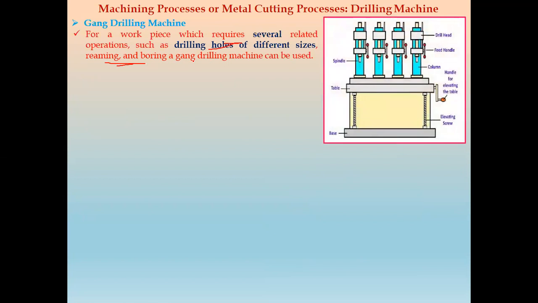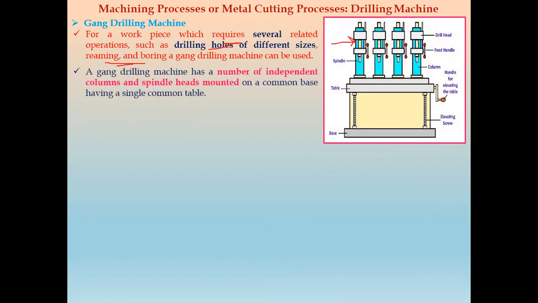So in case of a gang drilling machine, a number of independent columns and spindle heads are mounted. Every column, or we can say every spindle, has a different speed, and we can perform a different operation on every different column or spindle.